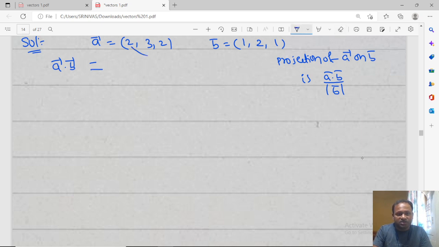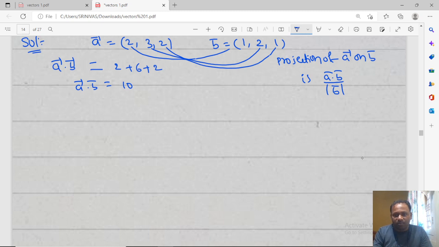First term 1 into 2, that is 2, plus 3 into 2, that is 6, plus 2 into 1, that is 2. That is nothing but 10. I got a bar dot b bar.